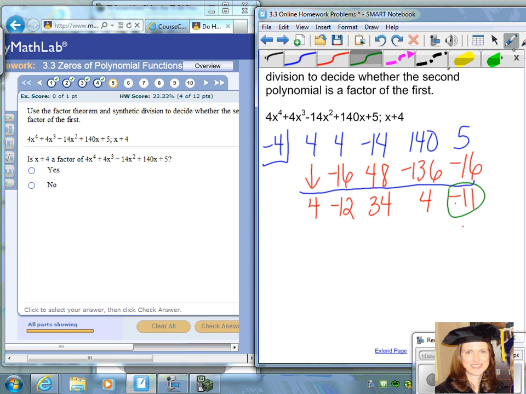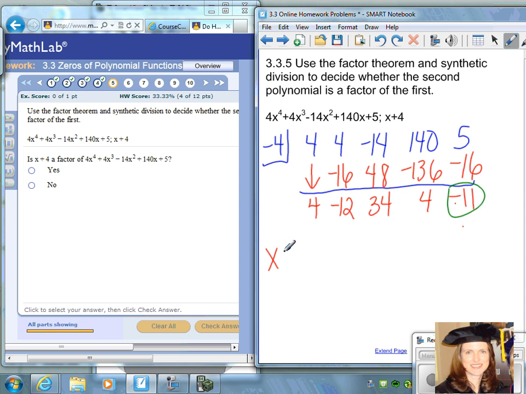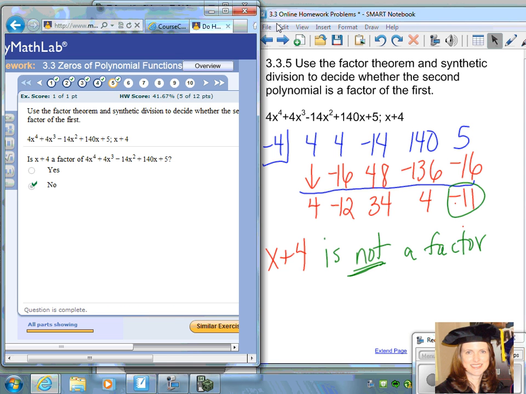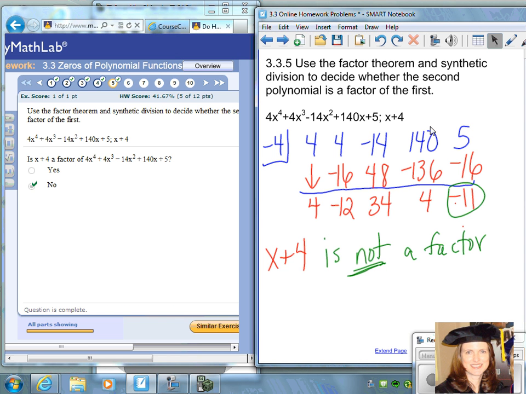Since the remainder does not equal 0, we can say x plus 4 is not a factor of that big polynomial. If we ended up with a remainder of 0, then we could say yes. The remainder is negative 11, so x plus 4 is not a factor.